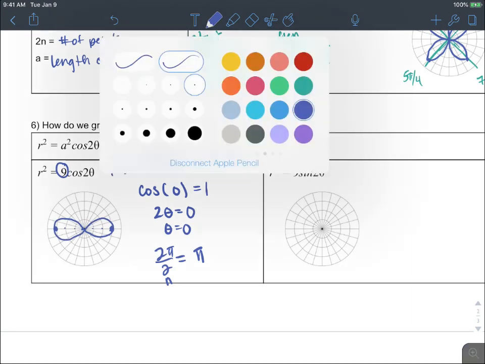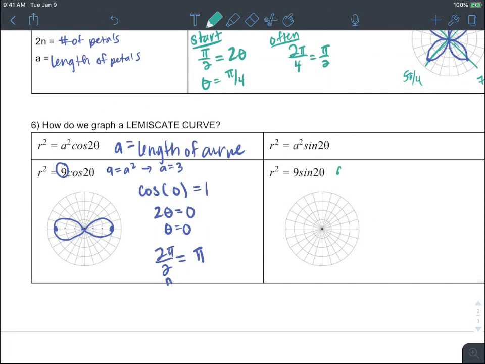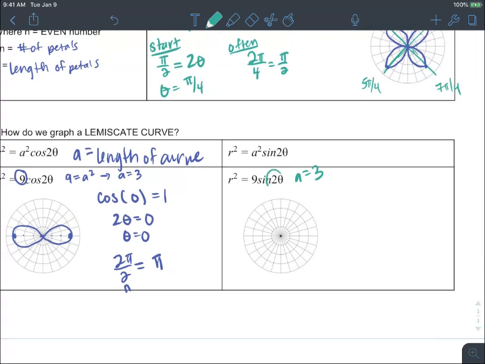All right, the next one. So my a is equal to 3, and then this time we need to figure out where sine starts from. So I know the highest value of sine is at pi over 2. So I'm going to set that equal to my 2 theta, divide by 2. Theta is equal to pi over 4. So at pi over 4, I'm going to have a point at 3. And so this is the start.